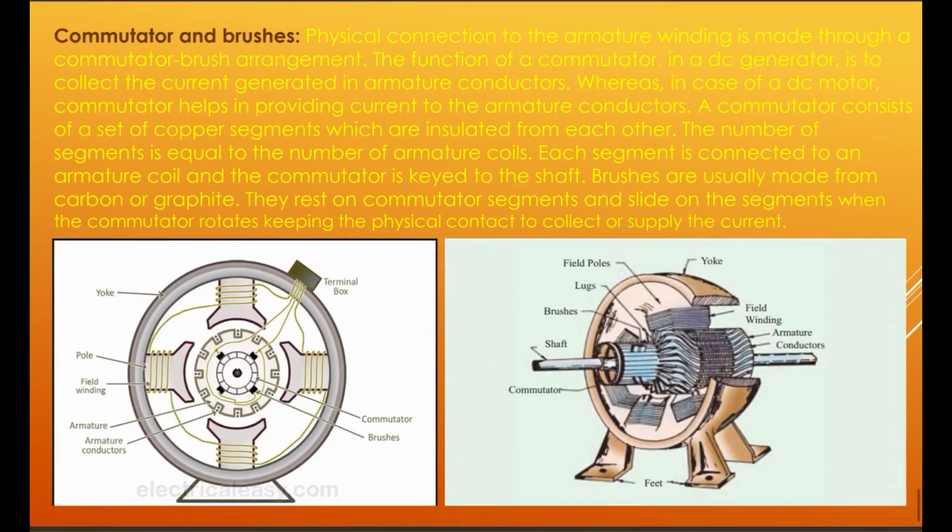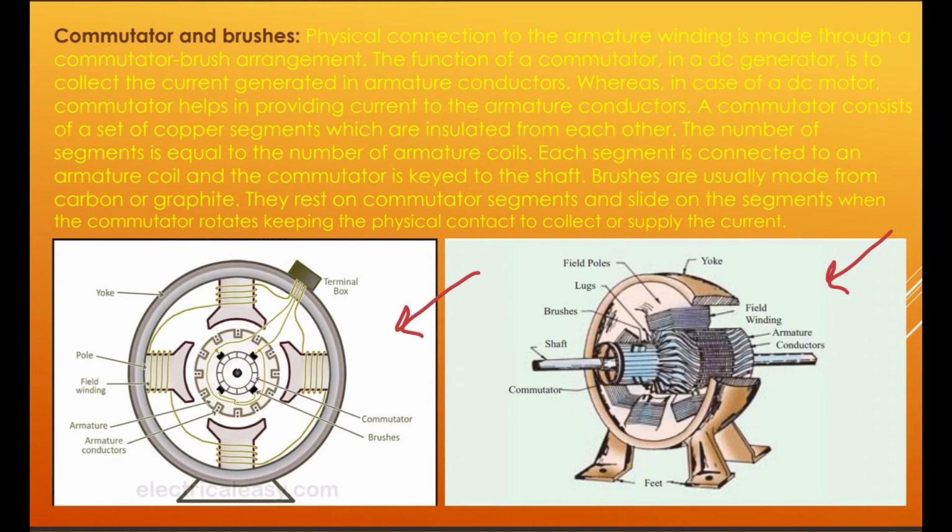Commutator and the brushes. Also here you can see this figure showing the parts of the DC machine. This is another figure: field winding, pole, armature, commutator, brushes. You have to know each part, guys.